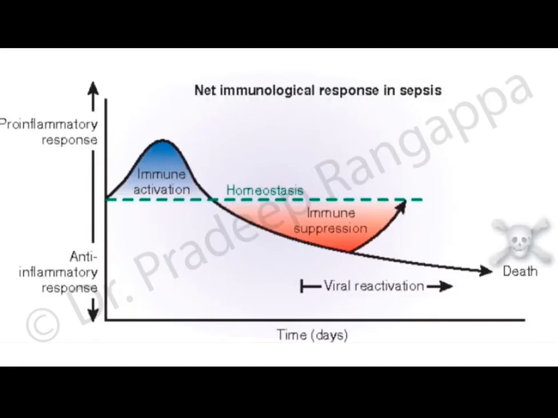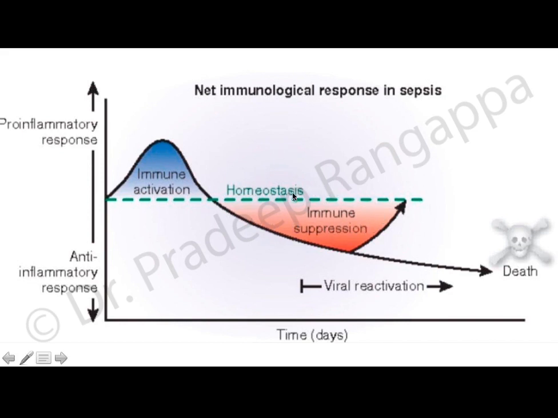We need to understand that in viral sepsis, as in bacterial sepsis, there are two different phases that exist. One is the pro-inflammatory phase, where there is a whole activation of all the immune mediators, and once this pro-inflammatory response abates, they go into something called anti-inflammatory response.